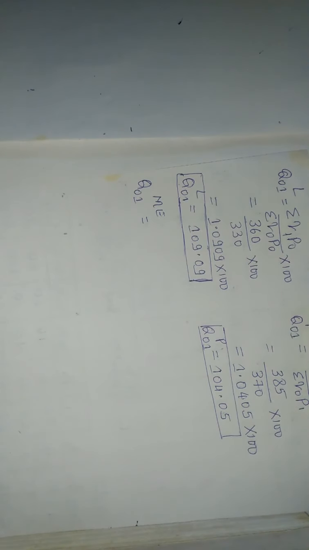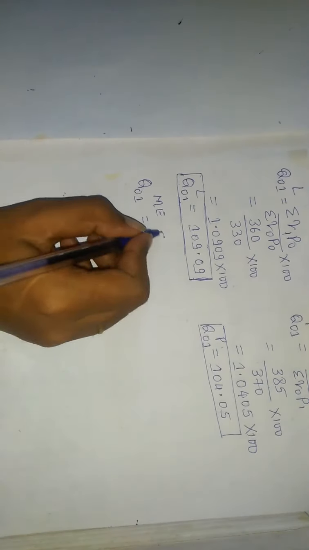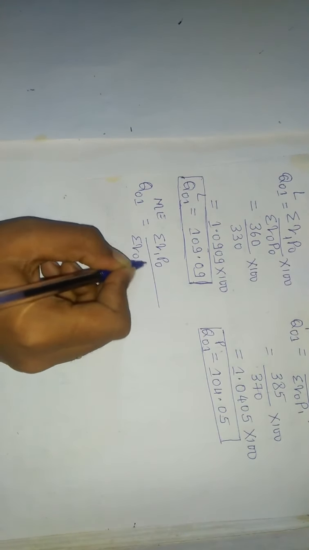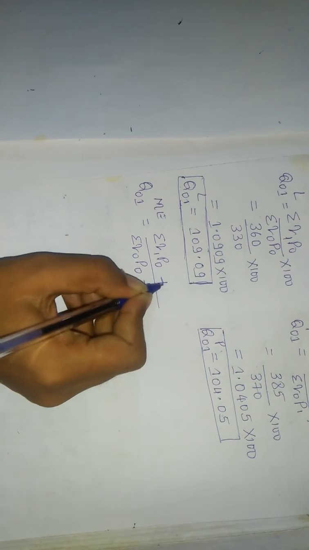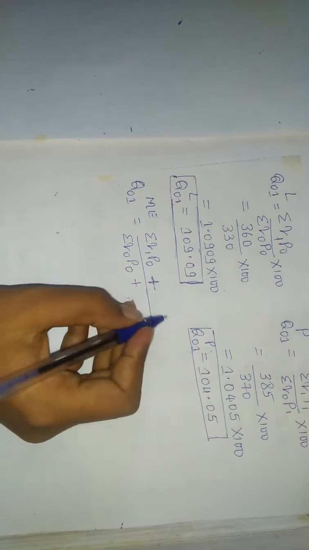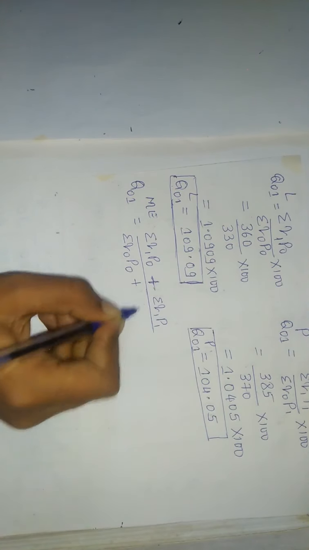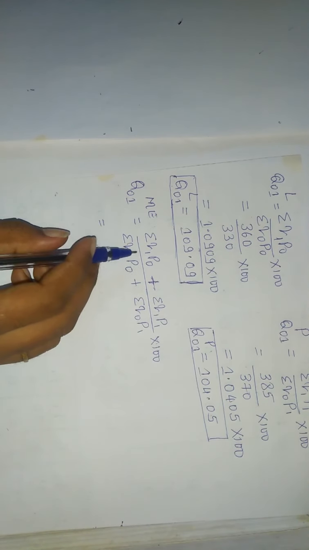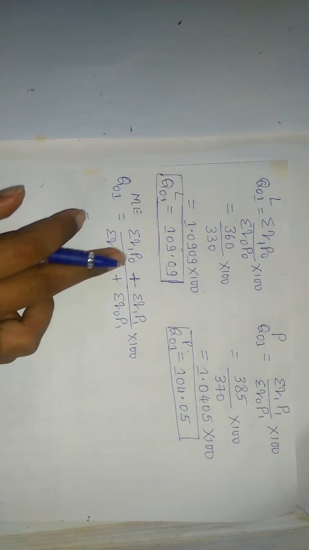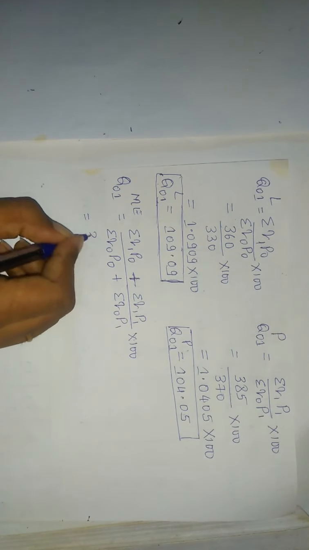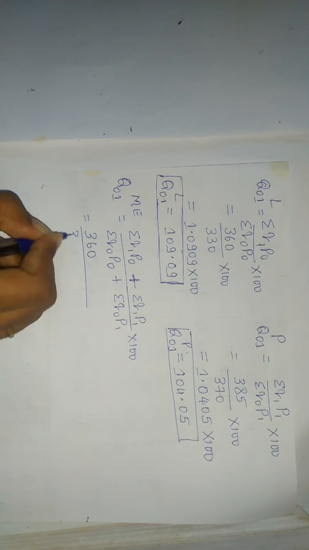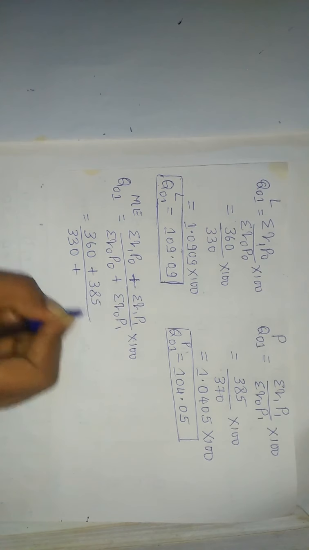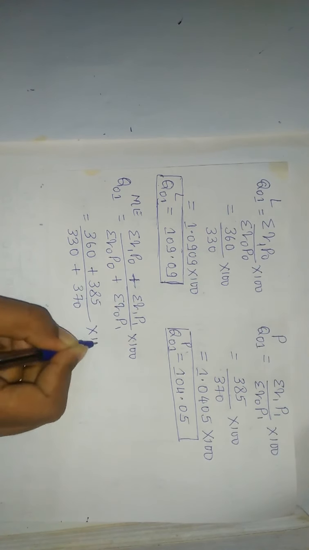Okay, next one. After that, the Marshall-Edgeworth quantity index number. The Marshall-Edgeworth quantity index number formula is summation Q1 P0 divided by summation Q0 P0, write the plus sign for both numerator and denominator, summation Q1 P1 over summation Q0 P1, into 100. So write the formula and after that you have to apply the values. 360 divided by 330 plus 385 divided by 370 into 100.